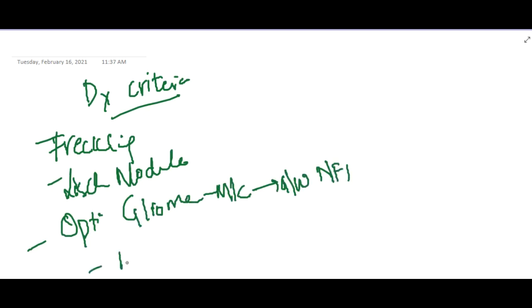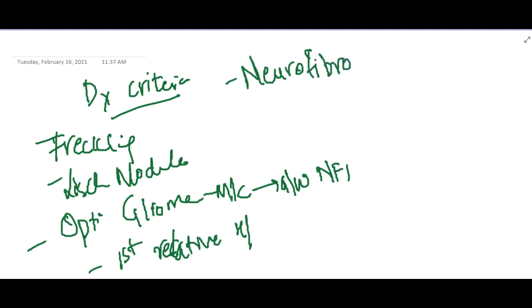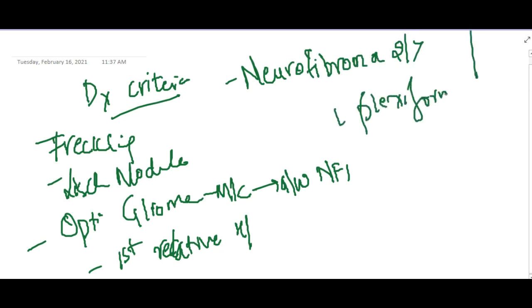Then a family history, that is a first degree relative having neurofibromatosis. The fifth criterion is the presence of two or more neurofibromas, or one plexiform neurofibroma. And then there is the presence of café-au-lait spots.